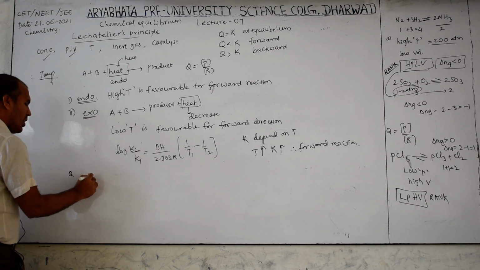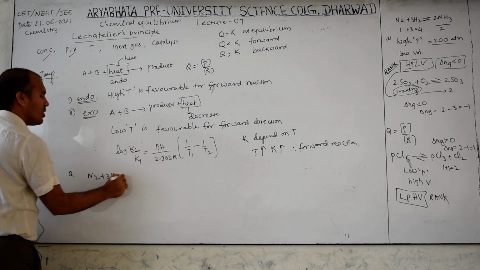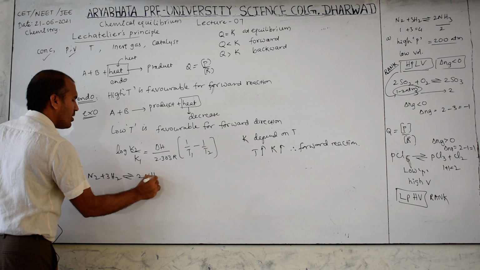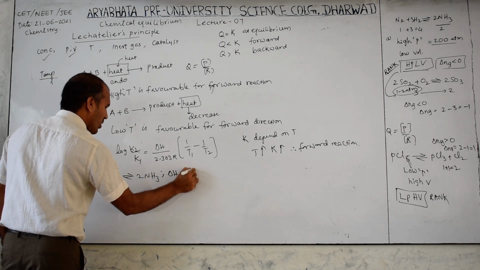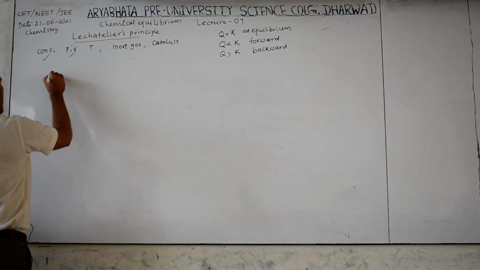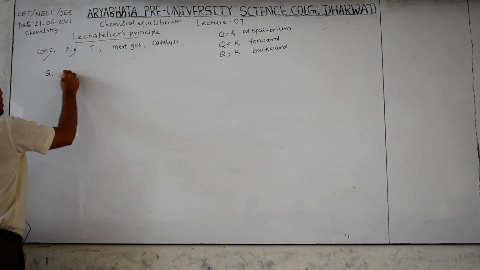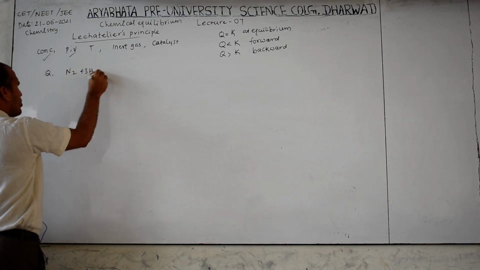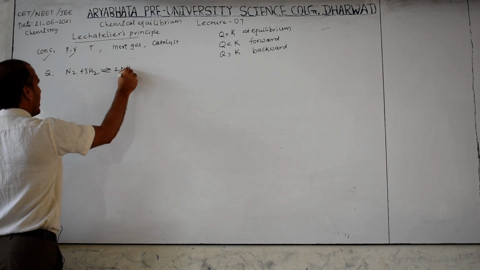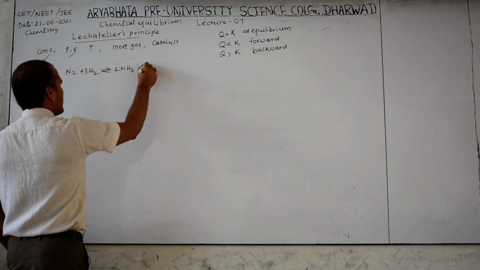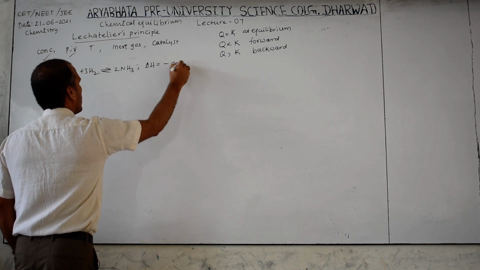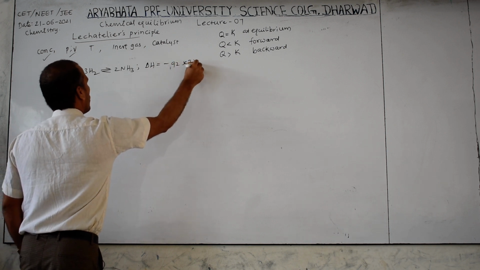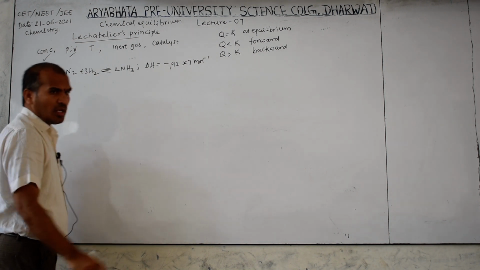Question is, N2 plus 3H2 gives rise to 2NH3. For this reaction delta H is equal to minus 92 kilojoule per mole.